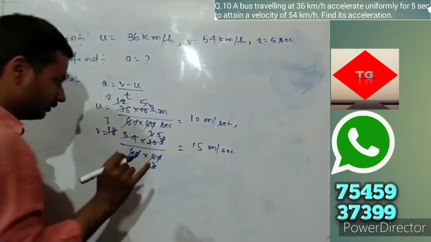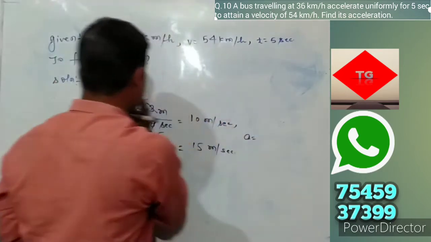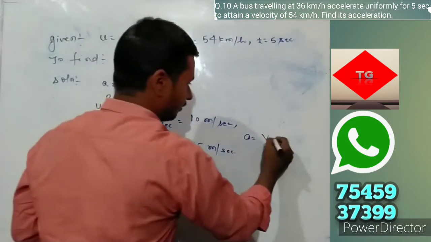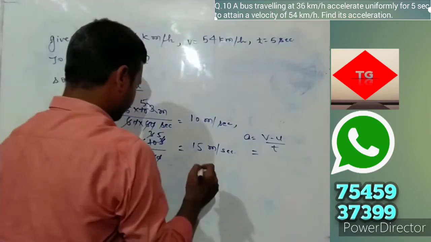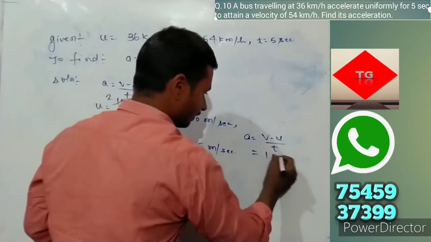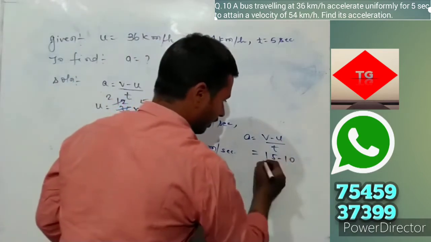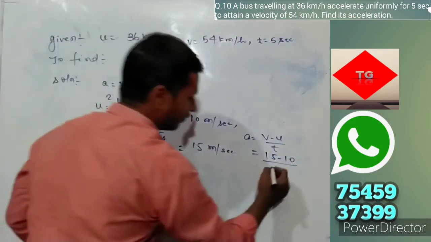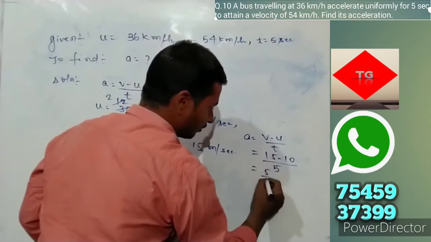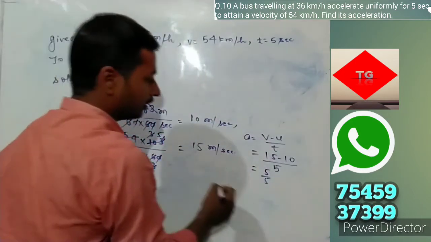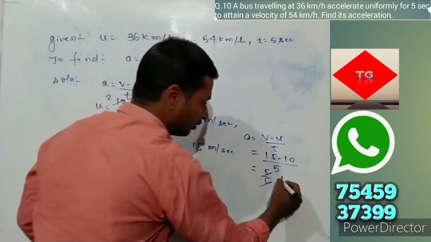And here acceleration will be the change in velocity per unit time, v minus u upon t. Then v is 15 minus u is 10, and the time will be 5 seconds. After cancelling, you will get 5 upon 5, and after dividing it, 1.